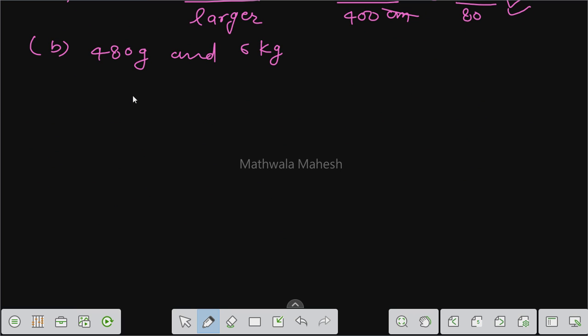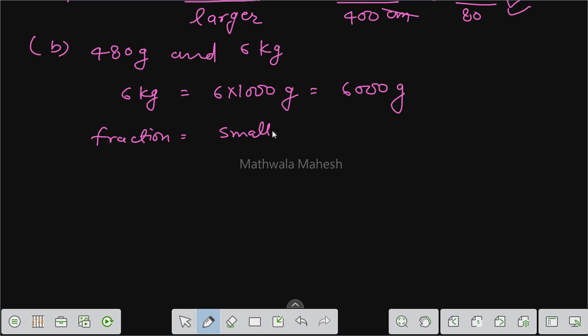So first we have to change 6 kg equal to 6 into 1000 gram. It means 6000 grams. So the fraction is smaller upon larger. It means 480 gram upon 6000 gram.